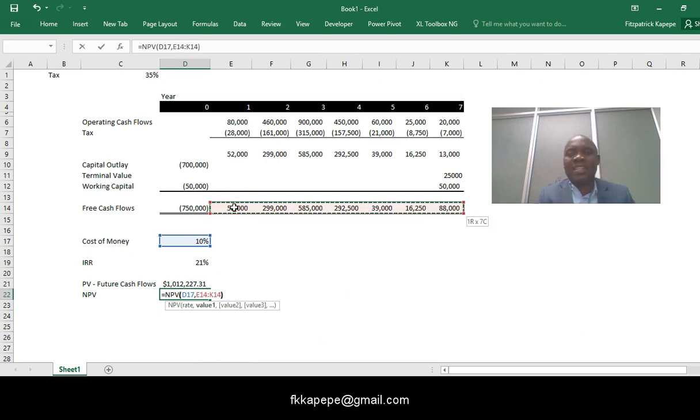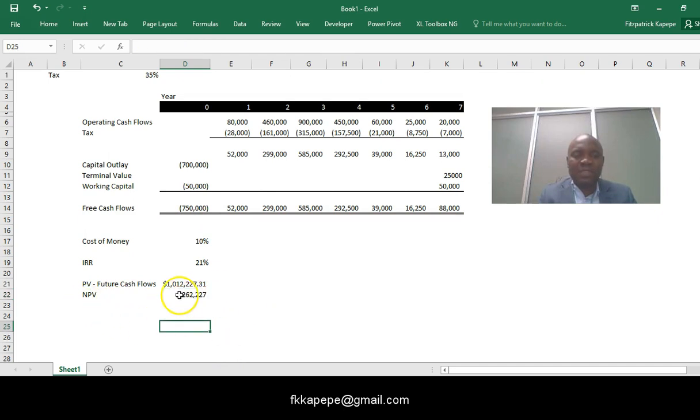So this formula basically is helping us in getting the future cash flows, then plus your initial investment, that is in both working capital and capital outlay. So this becomes our NPV.